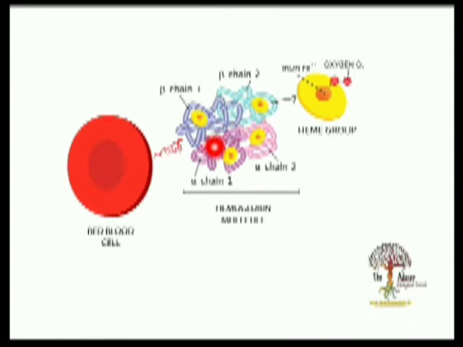In those chains there is an iron center, which is ferrous in nature, where oxygen can bind. Along with all these chains, four oxygens can bind with this hemoglobin molecule, and hemoglobin bound with oxygen is called the oxyhemoglobin stage.